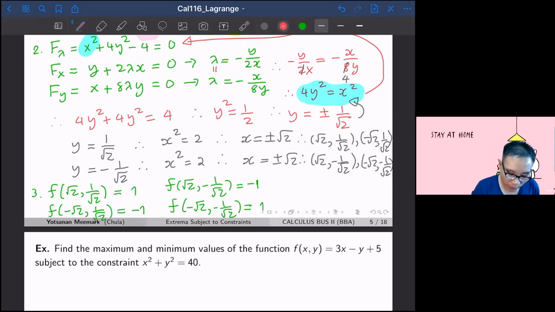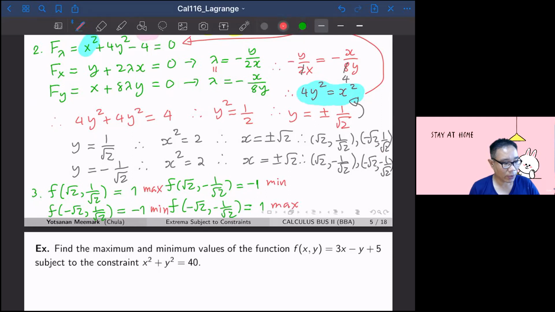So you see that this guy will be max, this guy will be max, this guy will be min, and this guy will be min. Okay, so you have two maximum and two minimum in this case.